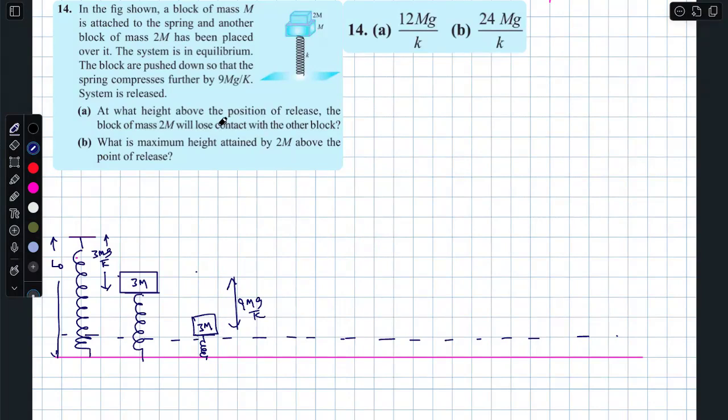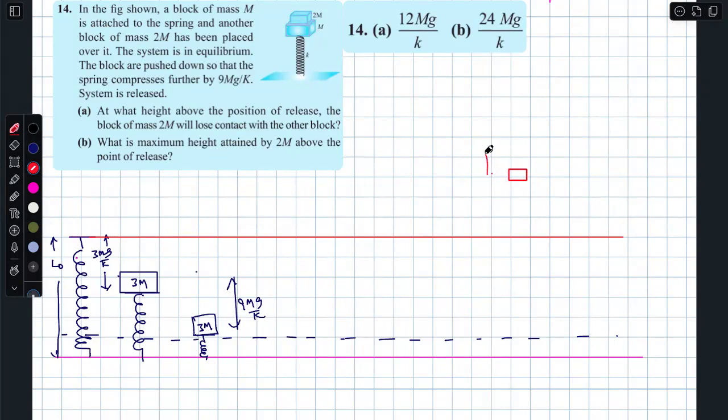At what height above the position of release will the block of mass 2m lose contact with the other block? Why does such a situation arise? See, the loss of contact will not happen in this zone. Why, I will explain. You take any block.